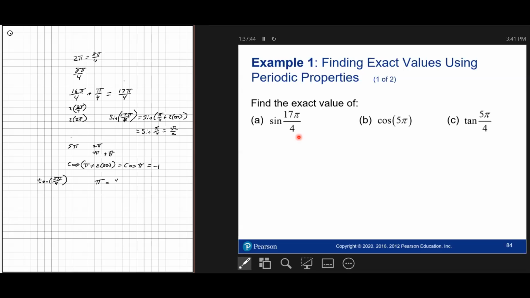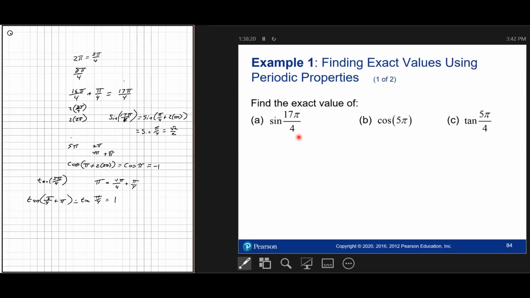And so that's going to be 4 pi over 4, because I want it in the same denominator, which is just 1 less than this. So if I add pi over 4 to it, this is going to be pi over 4 plus pi. So I'm going to take the tangent of that, which is the same thing as the tangent of pi over 4. And the tangent of pi over 4 is 1.